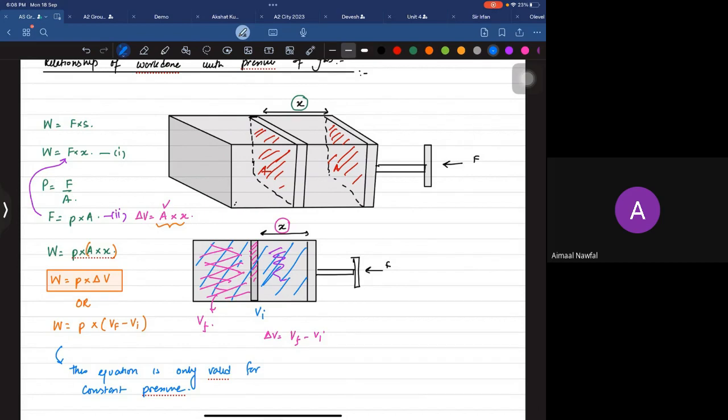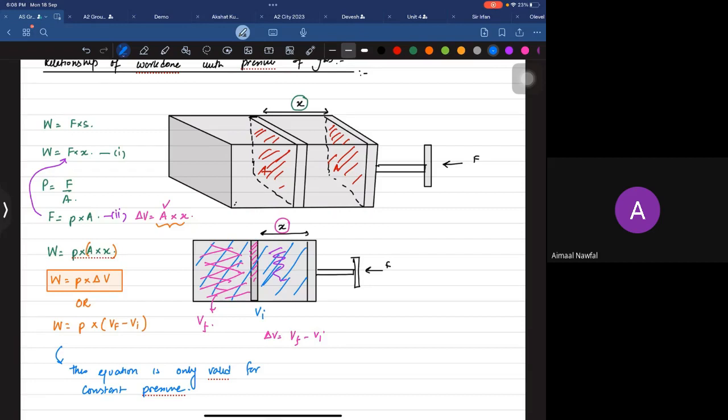Sir, V final would be lesser than V initial, right? So it would be a negative value, right? Yes, you can say that. But work done is not negative.